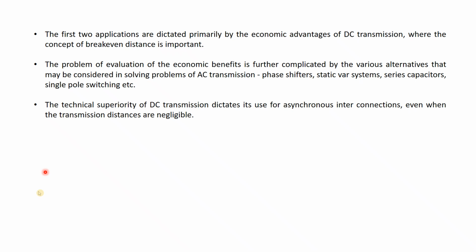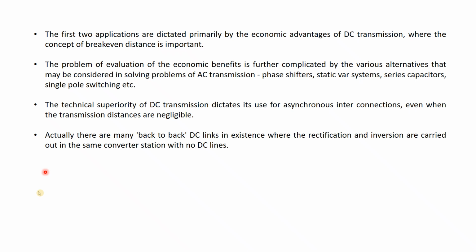For those connections also DC transmission is used. So you can say for 132 kV also DC can be used, but only in those selective areas where the machines are not running at the same frequencies. The frequencies are unbalanced, but we have to connect them to the grid. In those areas DC is also used as an alternative.